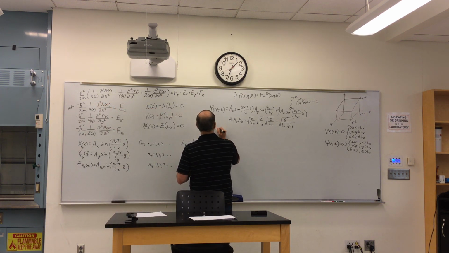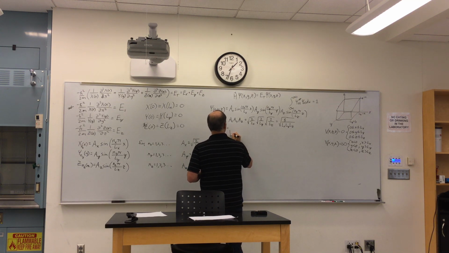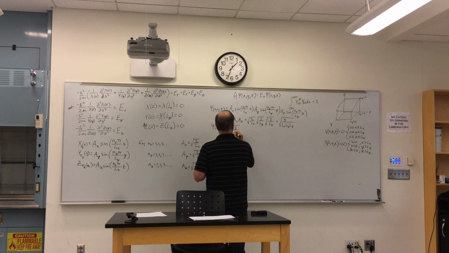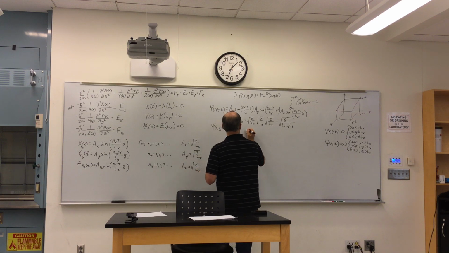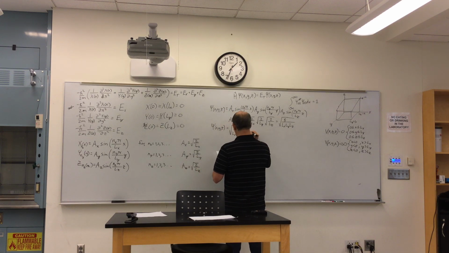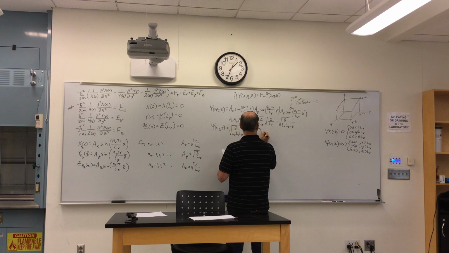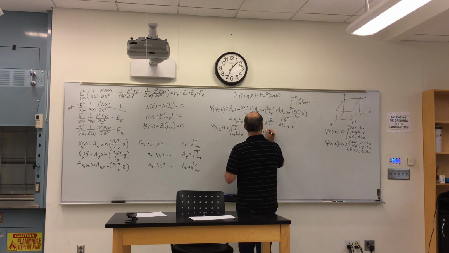So, our wave equation would then be the square root of 8 over Lx Ly Lz times the sine of nx pi x over Lx, and so on for y and z.